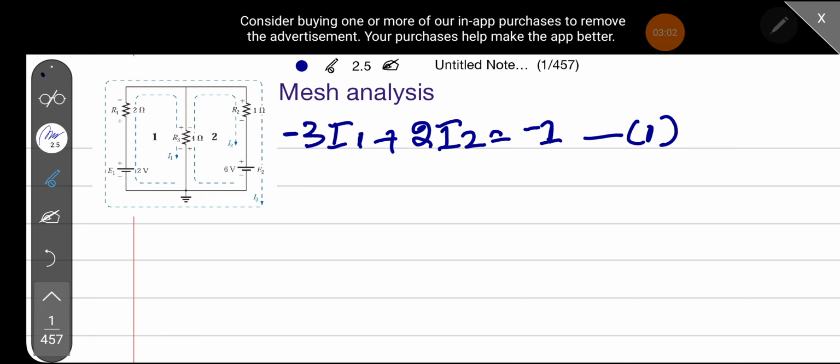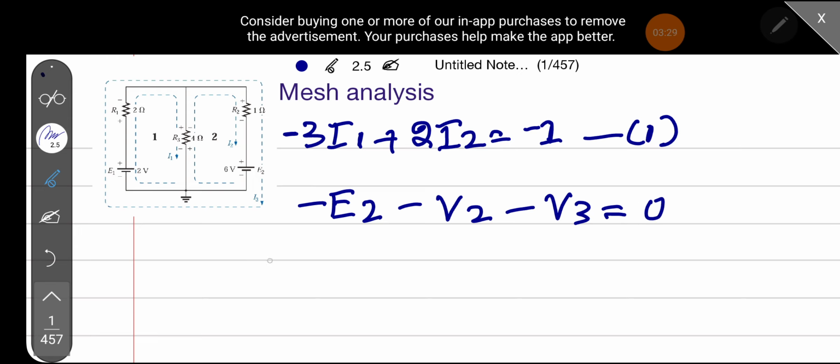Let's apply the Kirchhoff voltage law in loop 2. So here in loop 2, minus E2 plus V2 minus V3 is equal to 0.